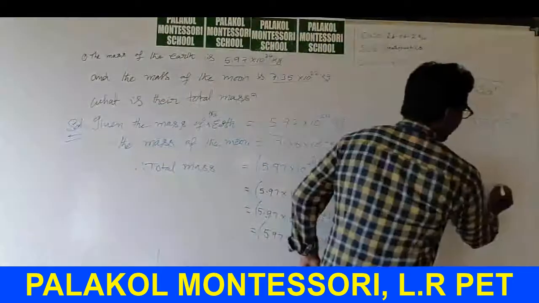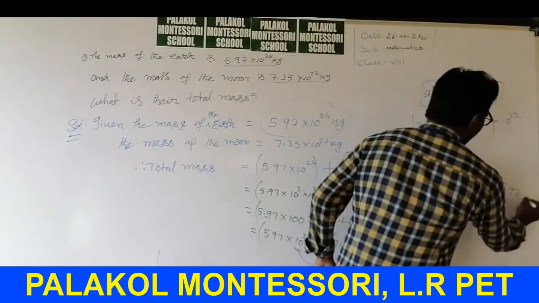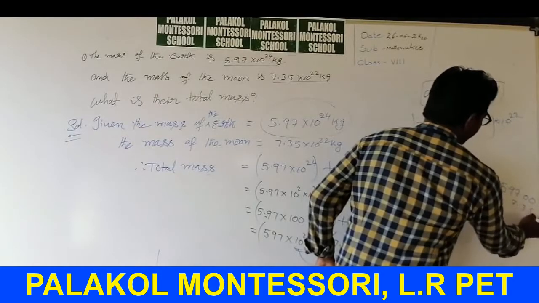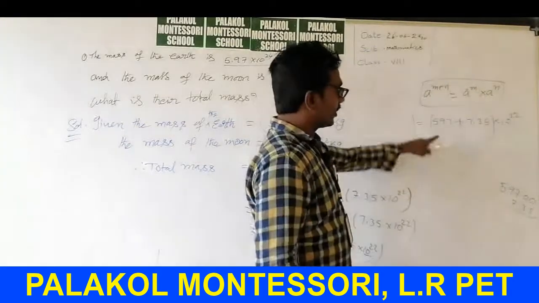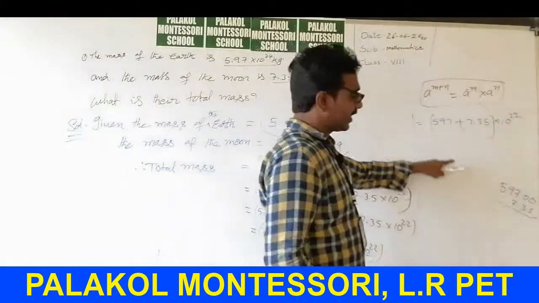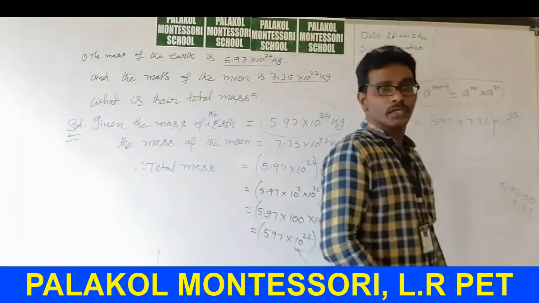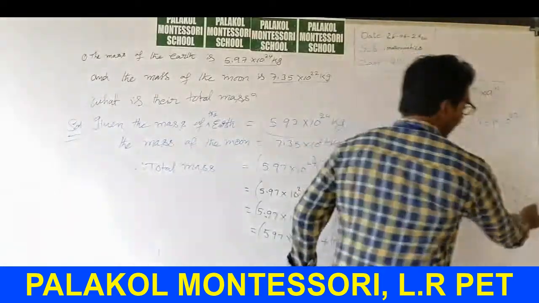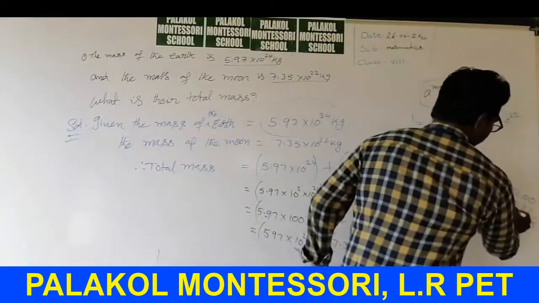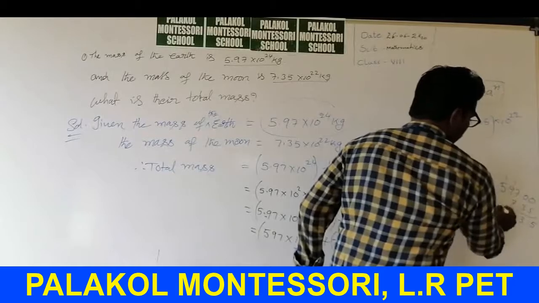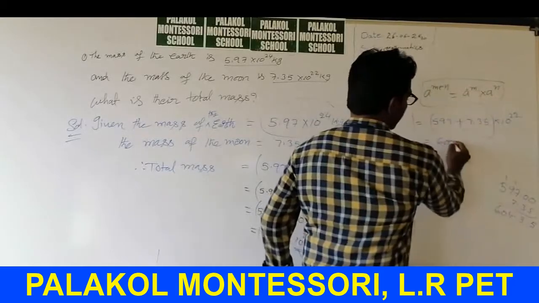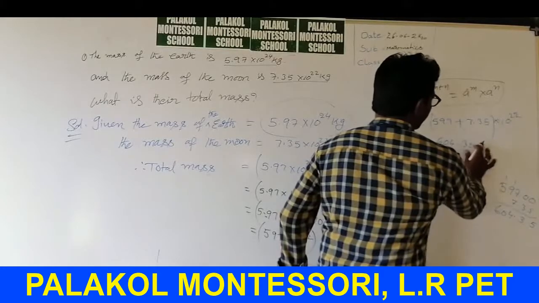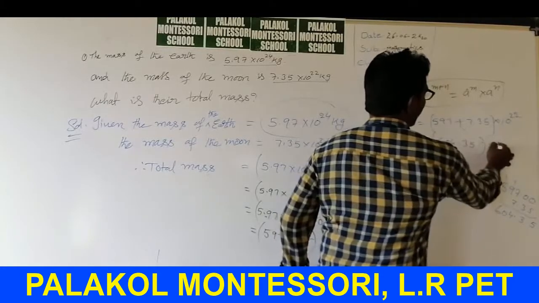So now 597.00 and 7.35 add. This is not a decimal number, that's why I write 597.00. This is a decimal number 7.35. So add: 5, 3, 14, 1, 10, 1, 6. 606.35 into 10 to the power of 22.